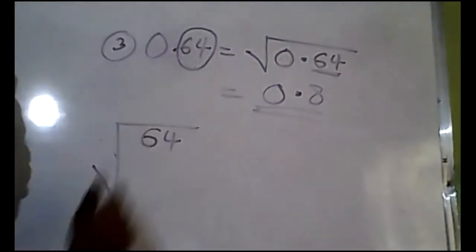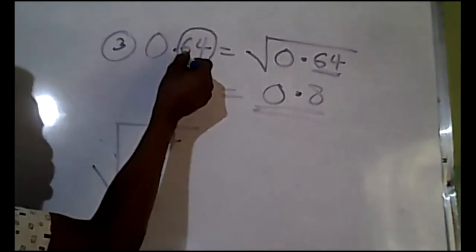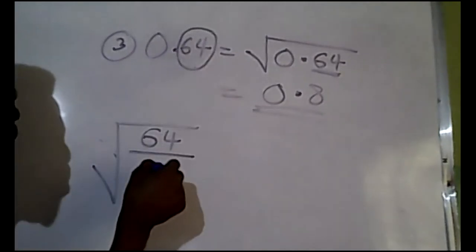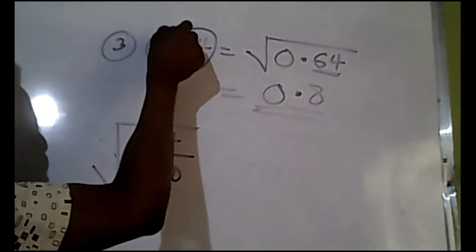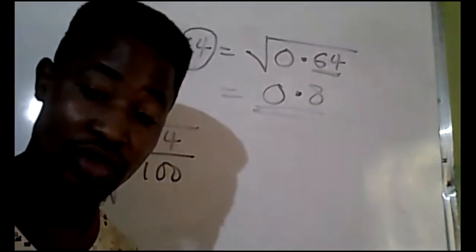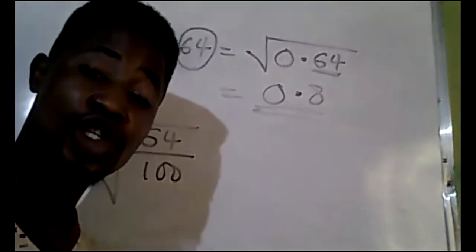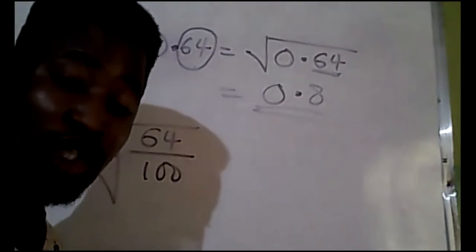So here we can see that you have 2 digits after the decimal point. So obviously it's going to be over 100. Another way of doing that is to move out the decimal point. The number of times you move it out determines what your denominator will be.